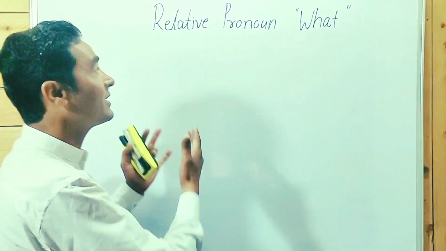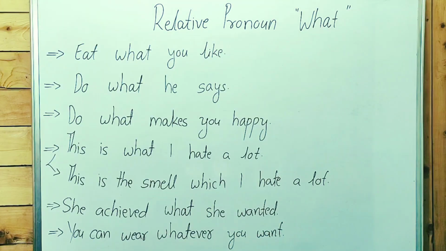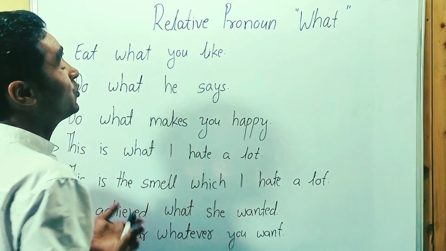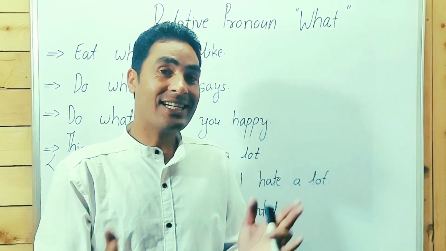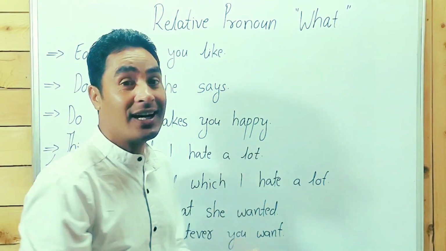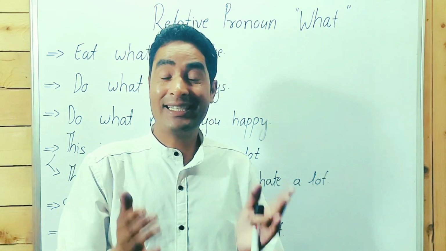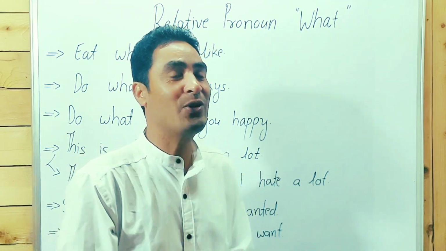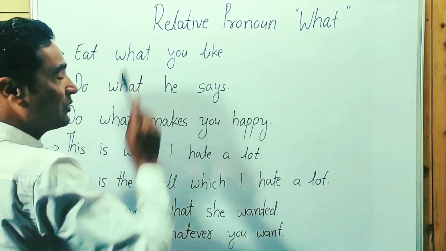Let me write some examples. Here are some examples. First, eat what you like. Guys, as I taught you, what is a relative pronoun that doesn't have its own antecedent? Eat what you like.